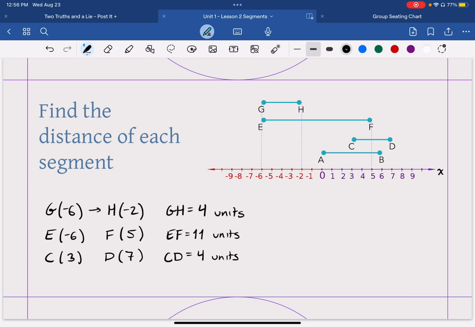So how do we find that out? Well, one thing that we can say on a side note is that this is similar to 7 minus 3, which equals 4.